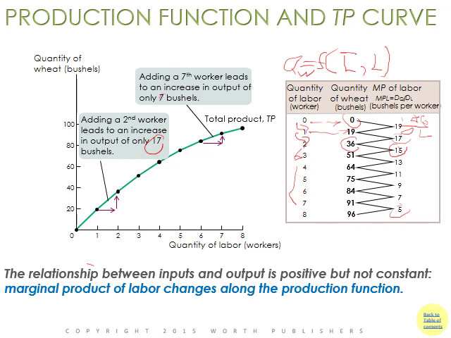You can see when you graph these points, if we graph the number of workers on the horizontal axis and the amount of wheat being produced, this is the total product of wheat. As you add more workers, the slope of the total product curve tends to get flatter.